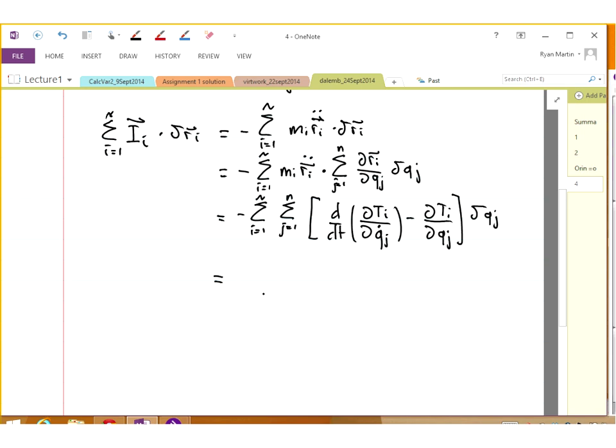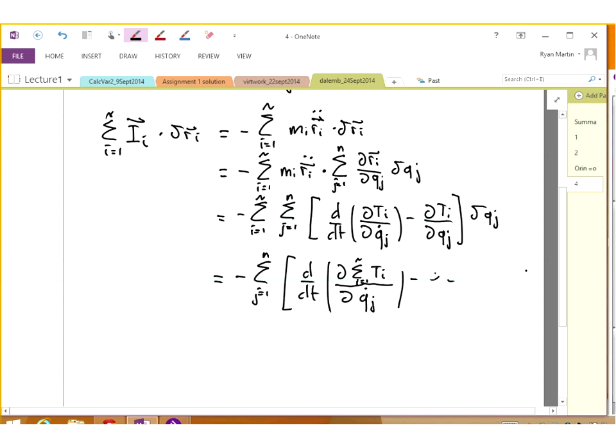So to write this explicitly, that's minus the sum of j equals 1 to n of d by dt of ∂/∂q̇j of the sum over i equals 1 to N of the Ti, minus ∂/∂qj of the sum over i equals 1 to N of the Ti, delta qj.